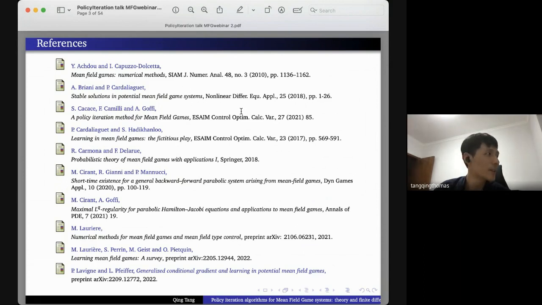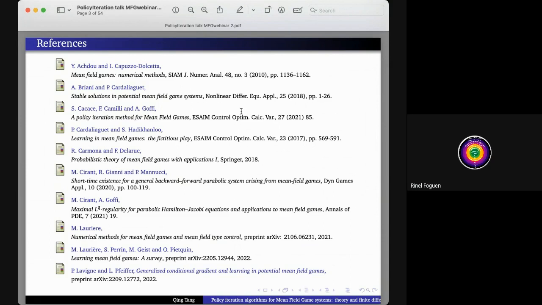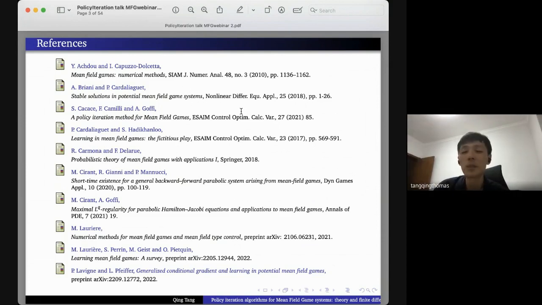I'm not claiming to do anything innovative with stable solutions. I'm just showing local convergence to a stable solution with the method that I developed, which was also based on this paper. In this paper, they showed that fictitious play converges locally to a stable solution. Here I'm using a similar method to show that smooth topology iteration also has local convergence. Okay. Thank you so much. Thank you. You're welcome.